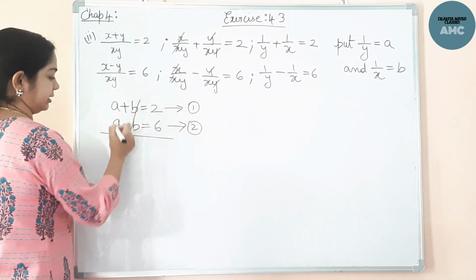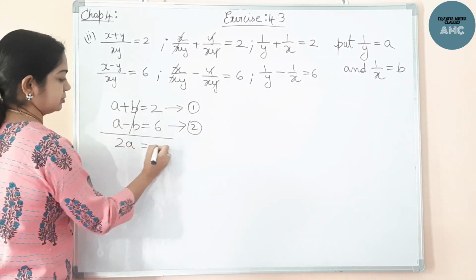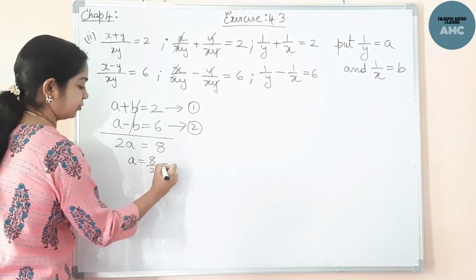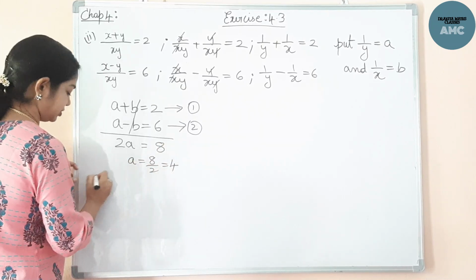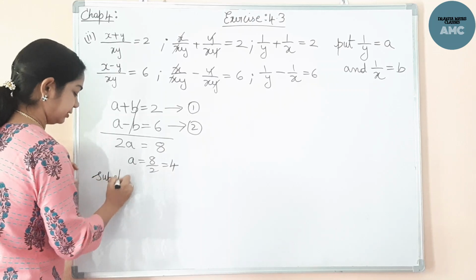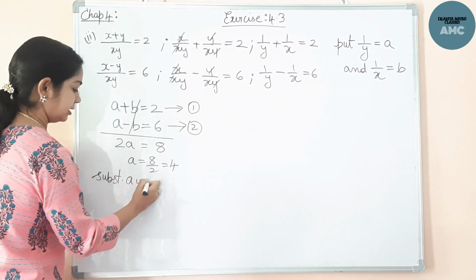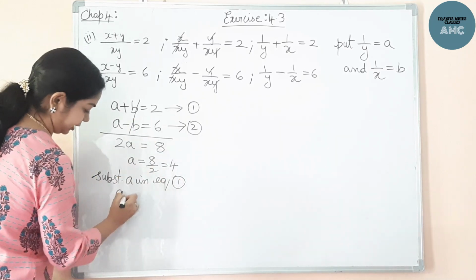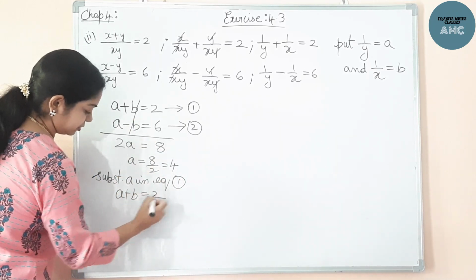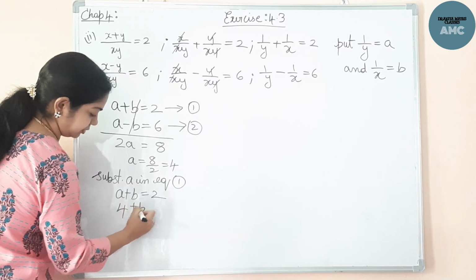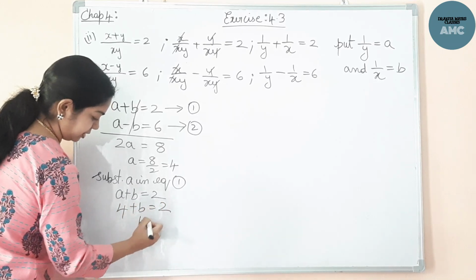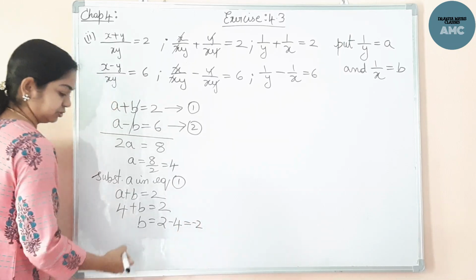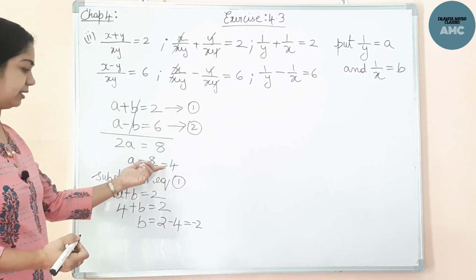Here directly we get 2a equal to 8, so a equal to 8 by 2, 4. And substitute a to get b. Substitute a in equation 1. So a plus b equal to 2, so 4 plus b equal to 2. So b equal to 2 minus 4, that comes to minus 2. So b value is minus 2, a value is 4.